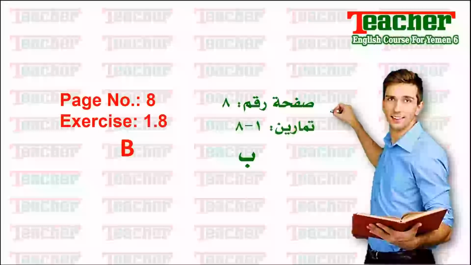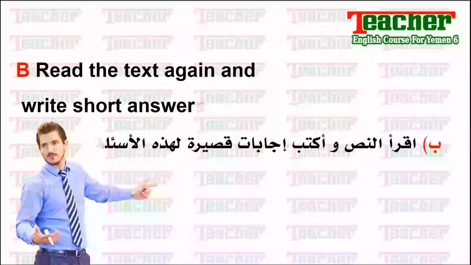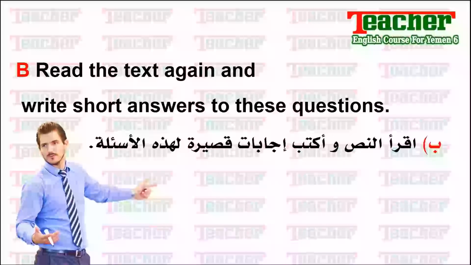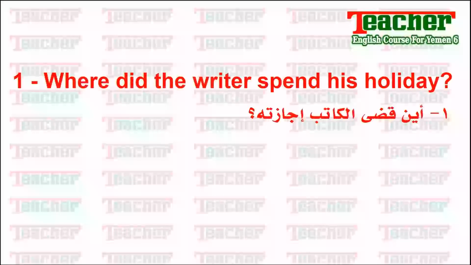Page number 8, exercise 1.8 B. B. Read the text again and write short answers to these questions. 1. Where did the writer spend his holiday?